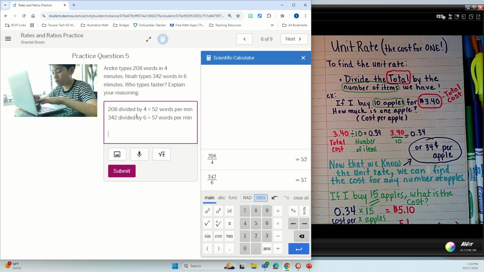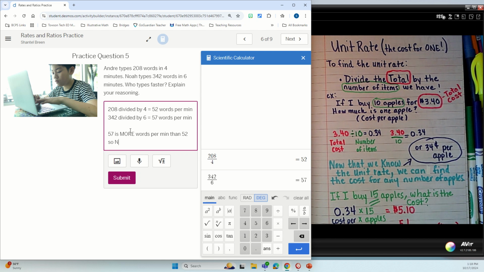Now, this is where the kids get confused because with money, you're looking for the cheaper deal, right? But when it comes to speed, he can do more words per minute. 57 is more words per minute than 52. So Noah is faster. Noah is getting more words per minute.